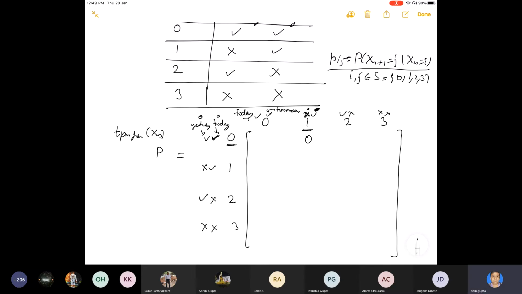In the same fashion, this value is also 0, and the others like this are 0, since the days must match. So this is 0, this is 0, this is 0.